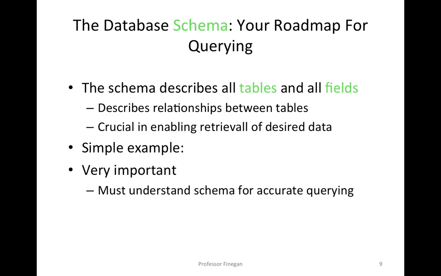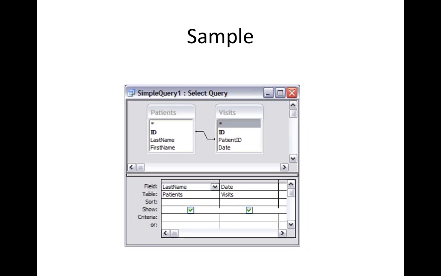It's very important to understand your schema if you're going to properly query, and if you don't understand your schema, you're going to get the wrong results. For example, if I'm taking a query between the patients table and the visits table, I'm going to want to ensure that I am tying and relating the tables together properly.